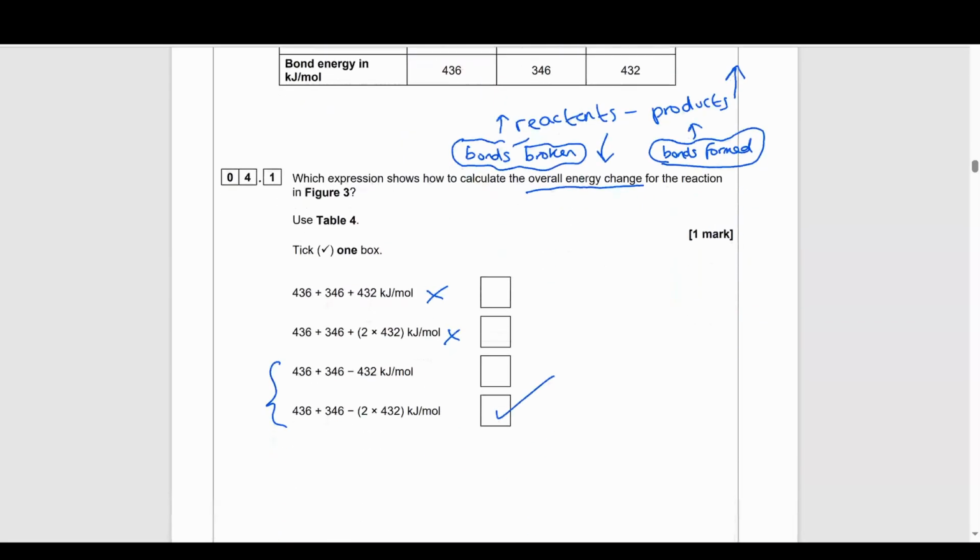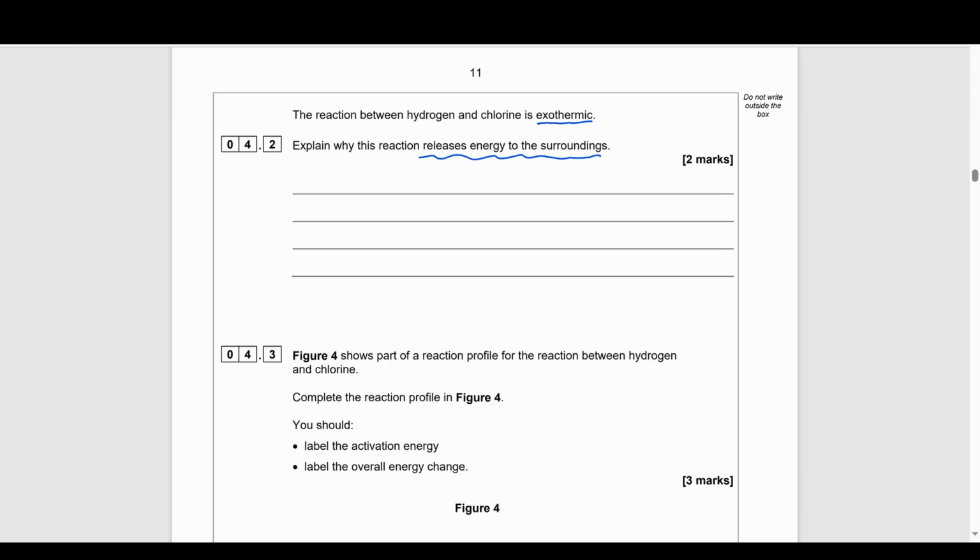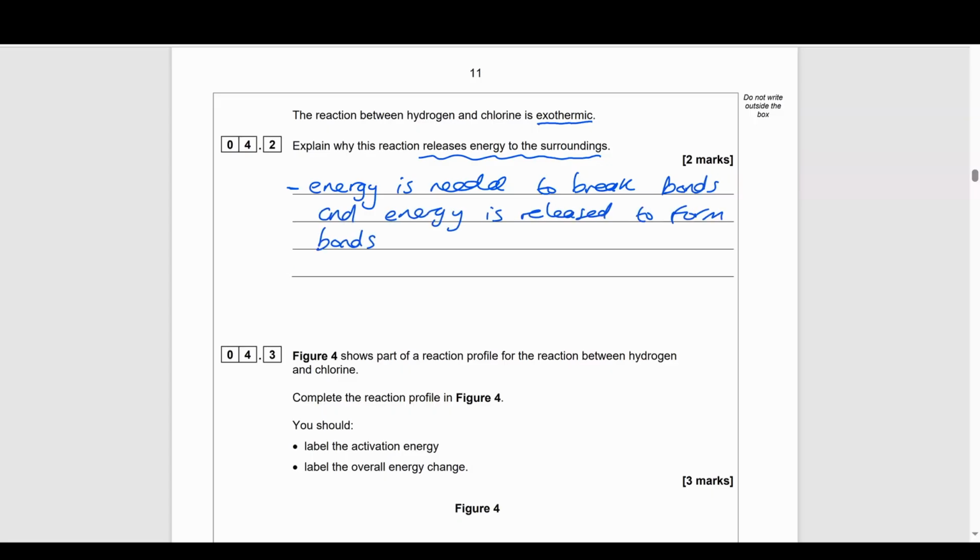So let's put this into words and get our 2 marks. The principle, which we described already, is energy is needed to break bonds and energy is released to form bonds. And as we said, the energy transferred when forming the bonds is greater.